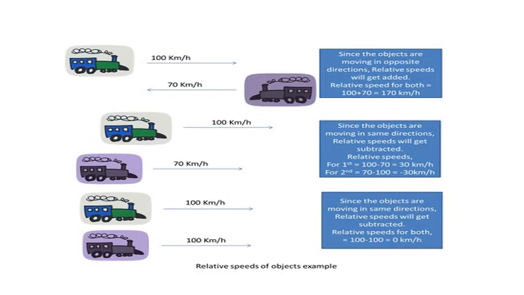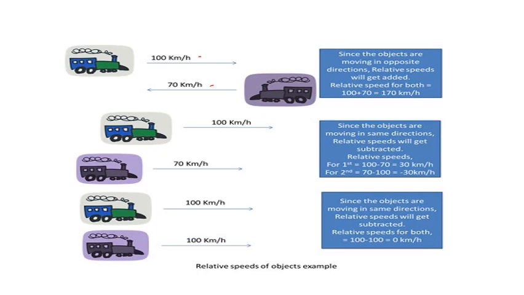Now, shall we see some examples? Then you will understand the relative velocity concept very clearly. So look at the first one. This is train A and this is train B. The first train is moving with 100 km per hour. The second is traveling with 70 km per hour in the opposite direction. What will be the relative velocity?